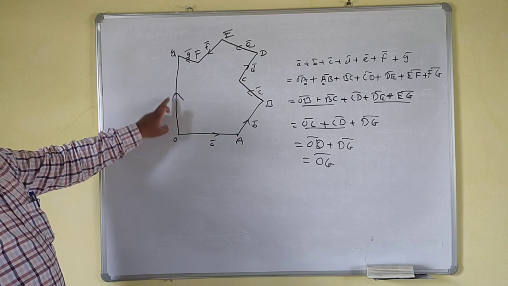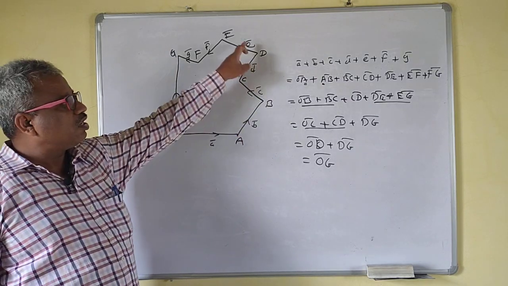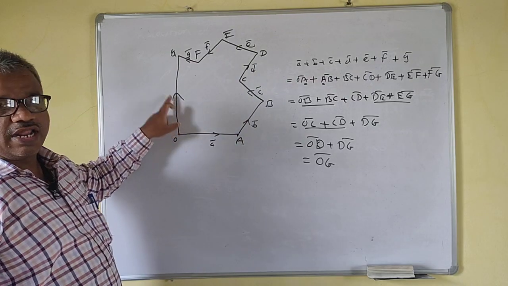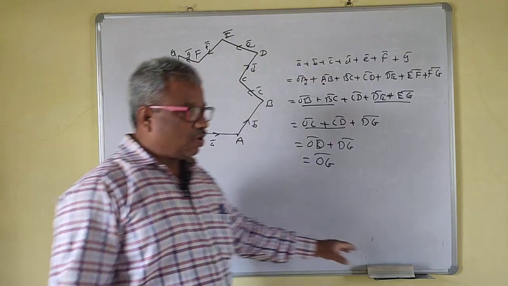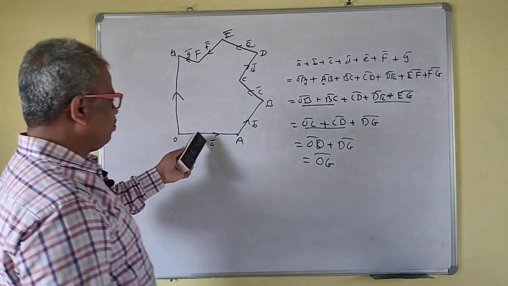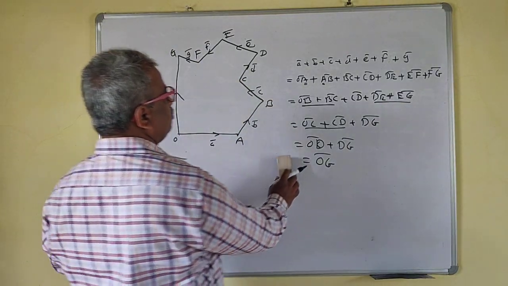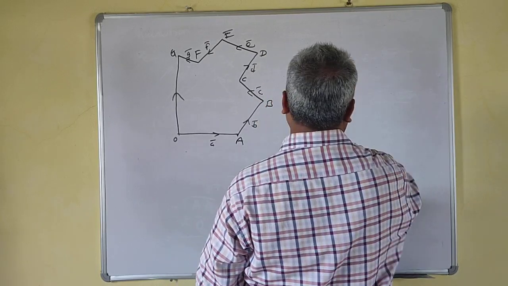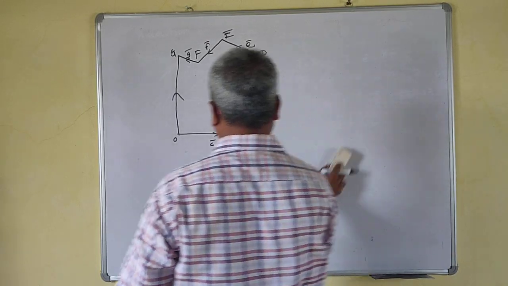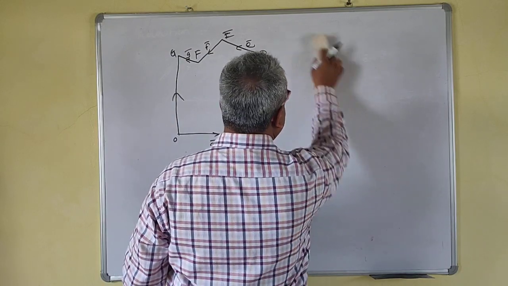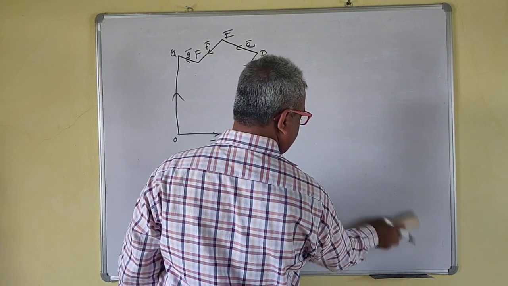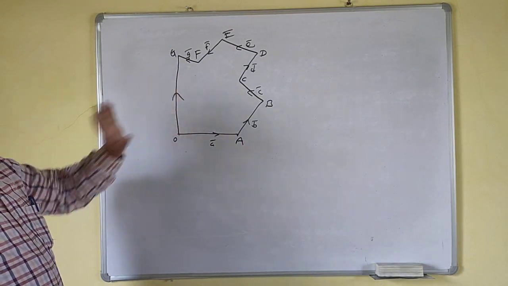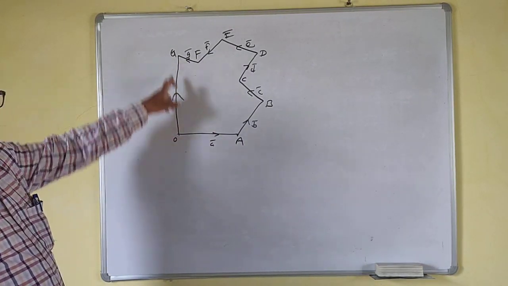The polygon has a number of sides. This is not a regular polygon; regular polygon means all the sides are the same. For a polygon also we can take the addition of vectors, and this will be your resultant vector.